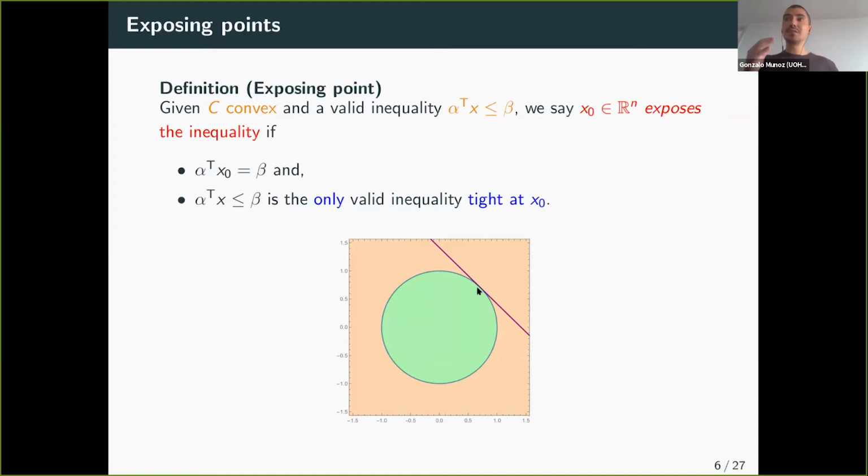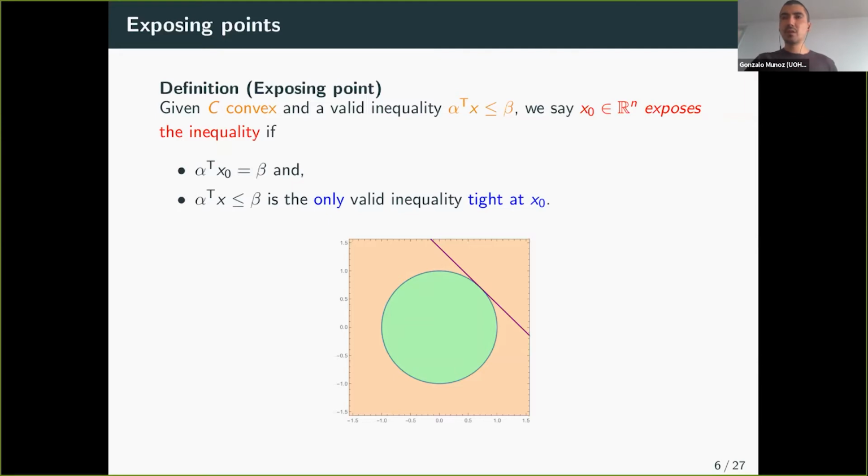So this point is exposing this inequality. And the idea is that with this we're going to be able to generalize the point being in the relative interior of a facet.